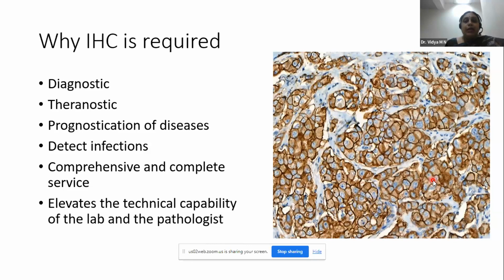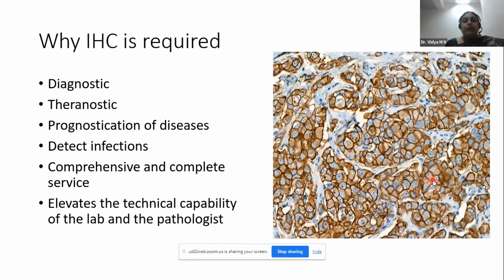So these are a few therapeutic indications. The others are like your upcoming biomarkers, like your PDL1, etc. So these again have a therapeutic indication, wherein the IHC results are dictating the terms of treatment for the patient, and this is where the pathologist has to be very accurate in what they are reporting in their lab.